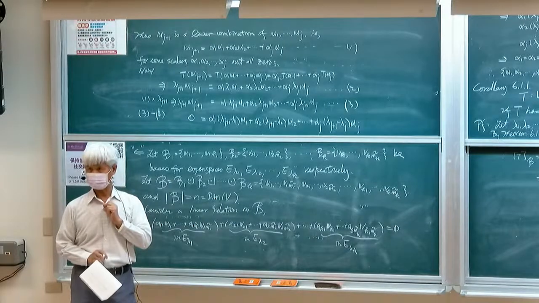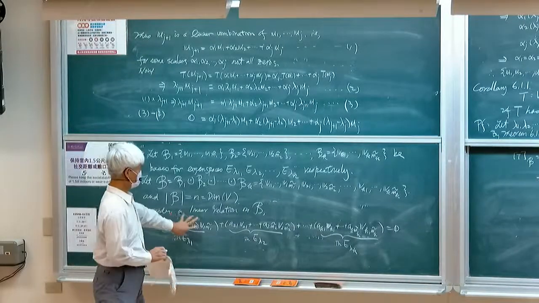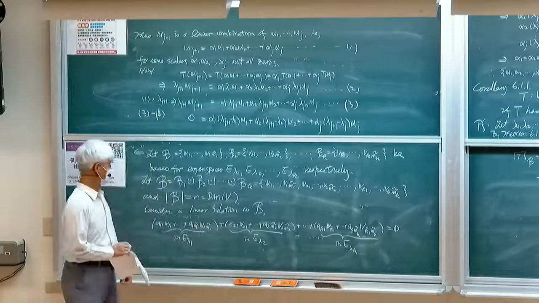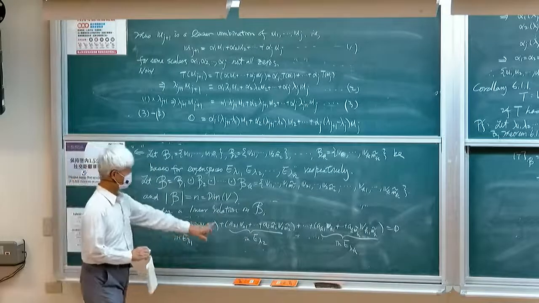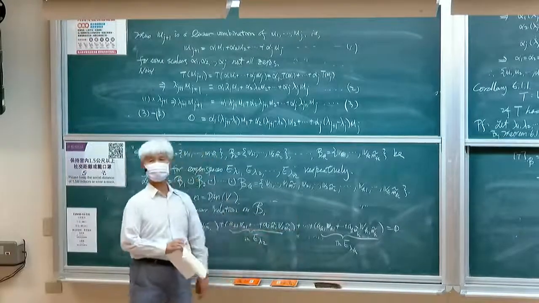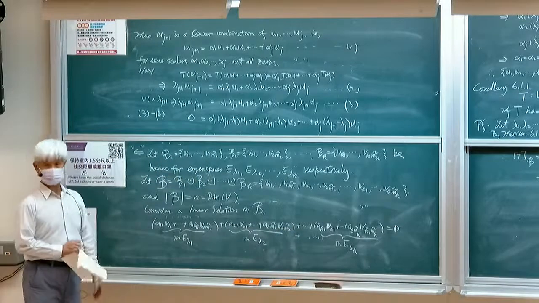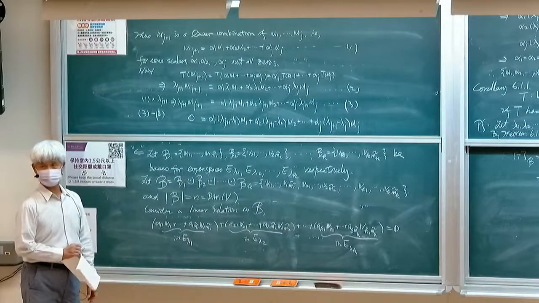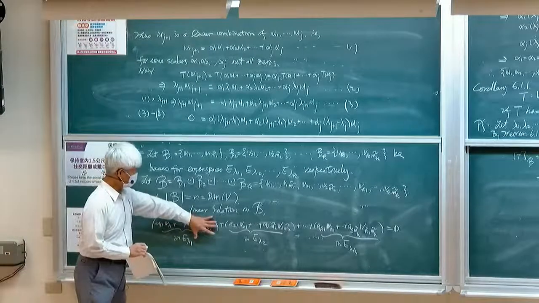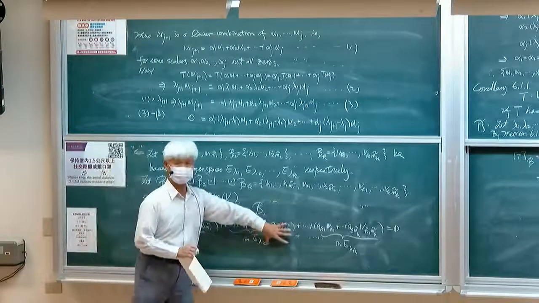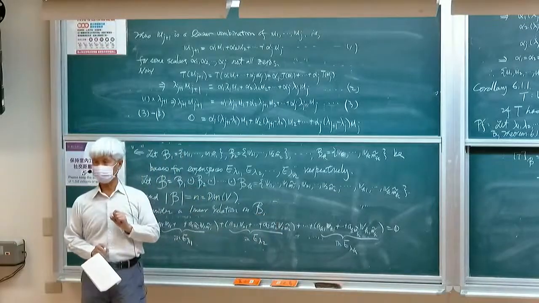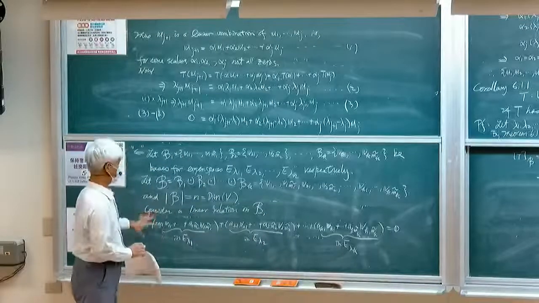Yet this is a linear relation with non-zero coefficients, which is impossible. So if any parentheses contain non-zero vectors, then you get a contradiction.